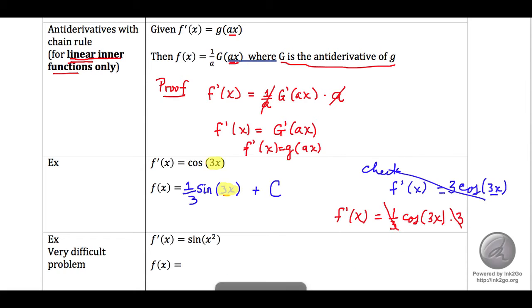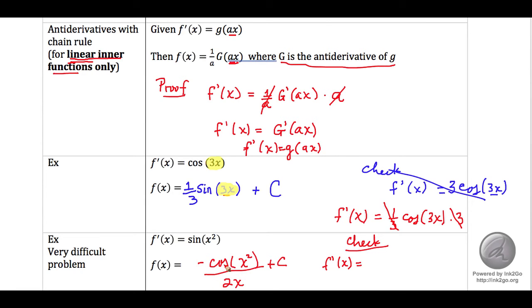So many people want to say that this would be negative cosine of x squared divided by 2x. They're thinking ahead. They know that when you take the derivative of this, you're going to have to multiply by 2x, so maybe if we just divide by 2x ahead of time, then this would work. But let's check one more time and take the derivative of f. Keep in mind, this is a quotient, so taking this derivative requires the quotient rule.